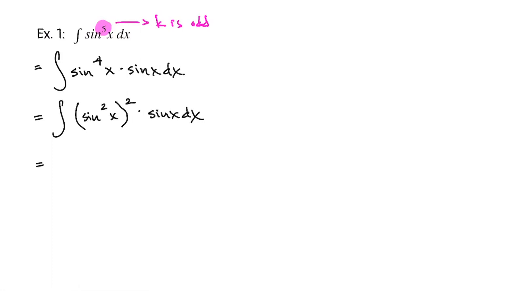The reason we want to break it down into powers of 2 is because then we can use one of the most common Pythagorean identities for trig, which is that sine squared x is equivalent to 1 minus cosine squared x. So this sine squared x became 1 minus cosine squared x.